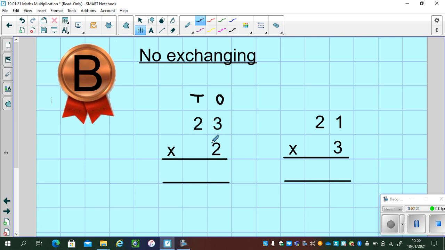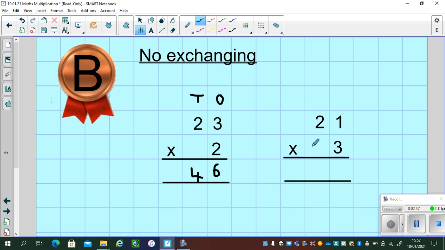I'm multiplying by 2, which is 2 ones. Let's start with the ones column. 2 times 3 is 6. Now let's go to the tens. 2 times 2 is 4. The answer to 23 times 2 is 46.